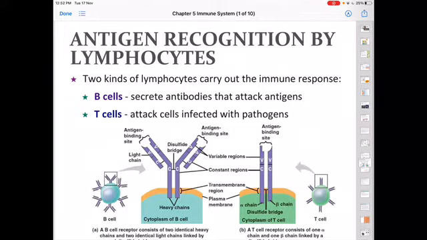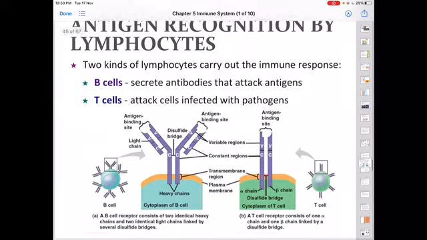Dia akan attack donor's organ sebab dia rasa benda tu ialah invader ataupun any foreign material yang menyebabkan dia rasa tak selamat. Itu ialah action of T cell. Dia akan attack specific cell. Kalau B cell dia attack dengan cara releasing the antibodies, secrete antibodies.